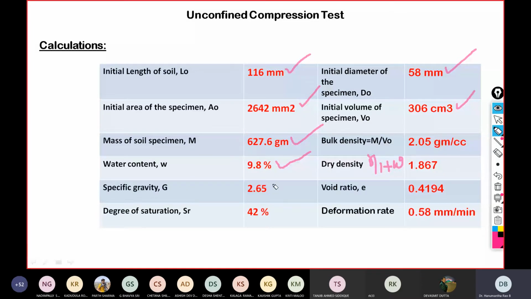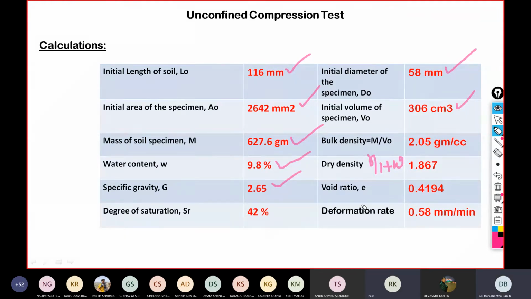Now assume the specific gravity or determine the specific gravity value. Then I can determine the void ratio. How do you determine the void ratio here? Anybody can tell me the volume mass relationship to determine the void ratio? So dry density is equal to G upon 1 plus e.